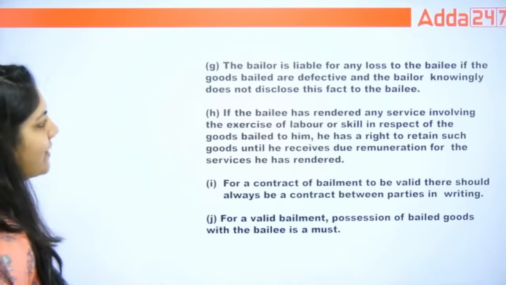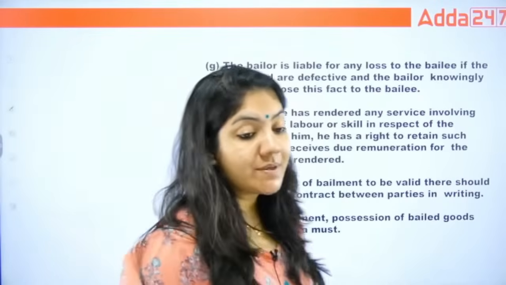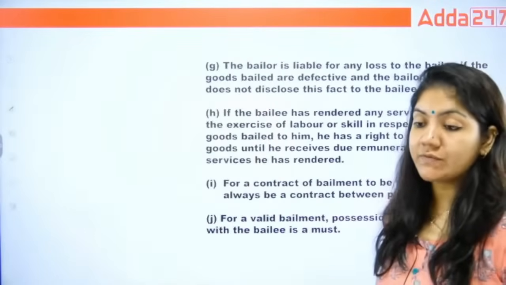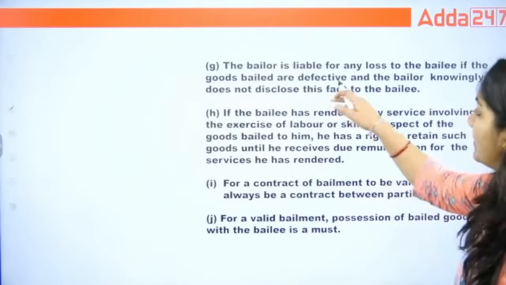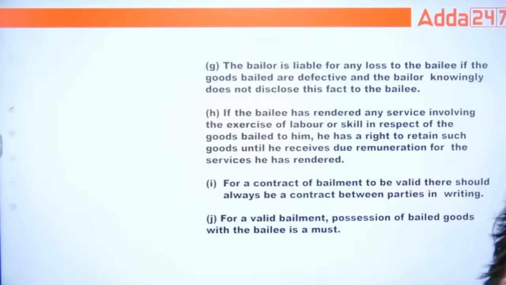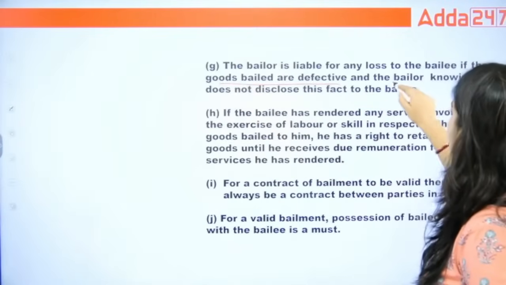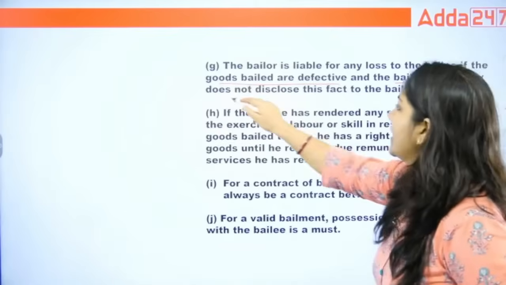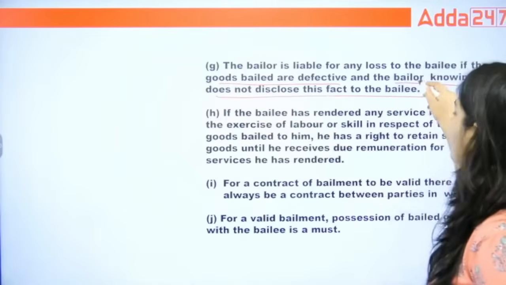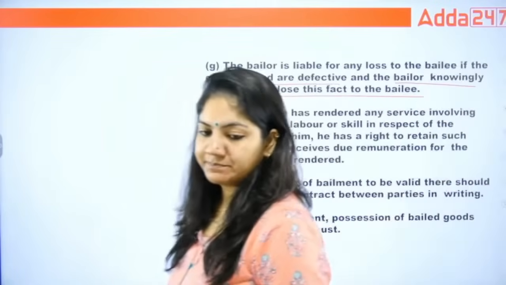This is a conceptual based question, and this type of question will come in your exam. The bailor is liable for any loss to the bailee if goods bailed are defective and the bailor knowingly does not disclose the fact to the bailee.